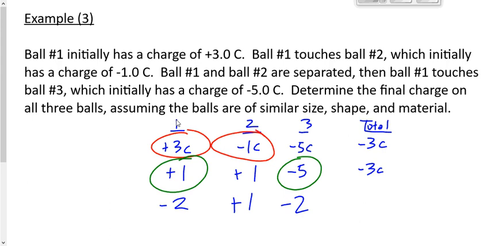Because it wasn't involved in this event. Add these up. Negative 2 plus 1 plus negative 2 gives me negative 3. So looks like the charge on number 1 is minus 2, number 2 is plus 1, and number 3 is minus 2. Since the total charges remain constant, it looks like I've done this correct.